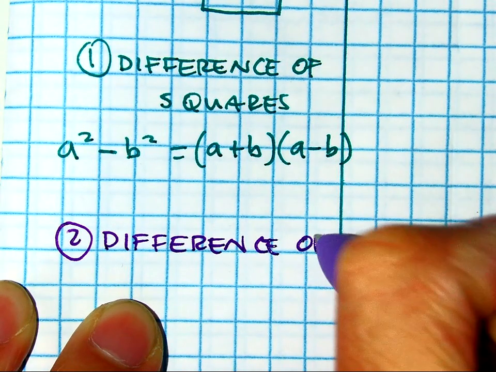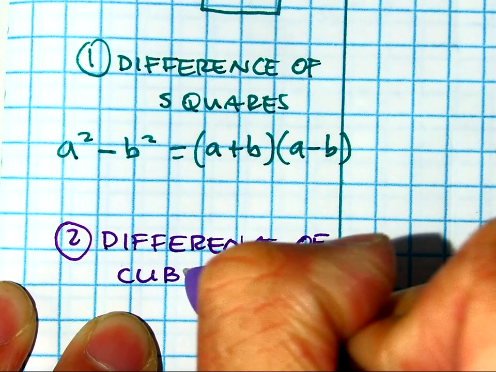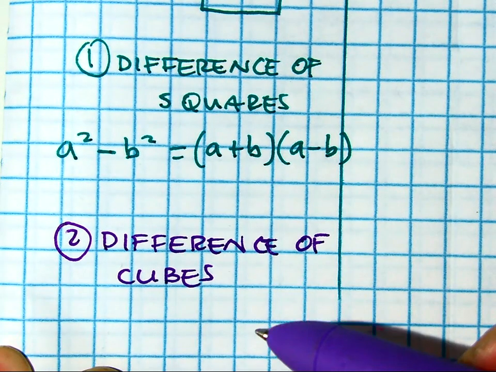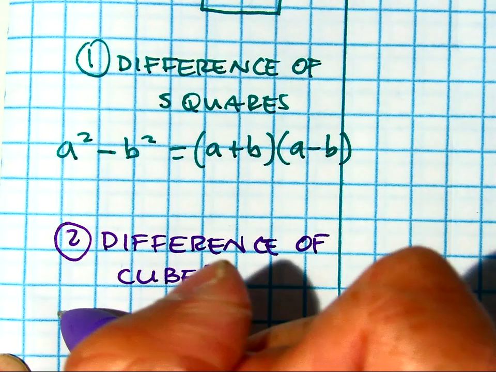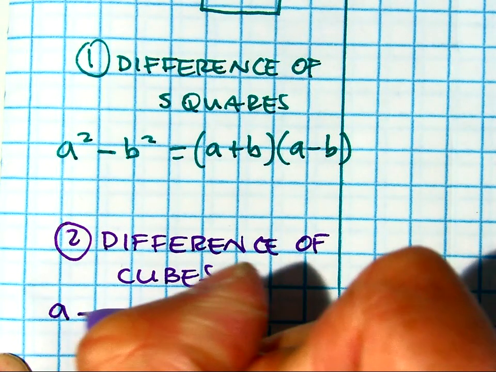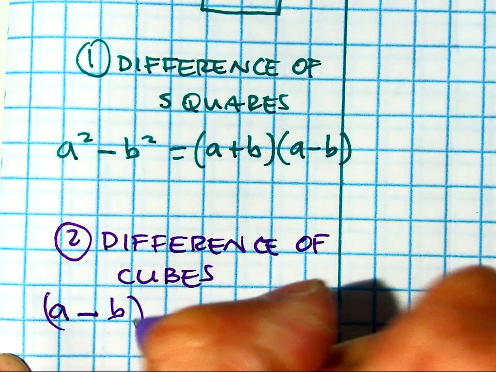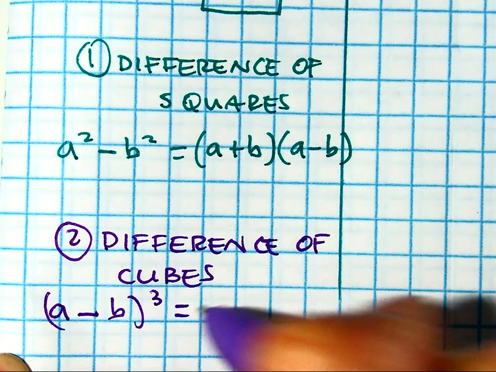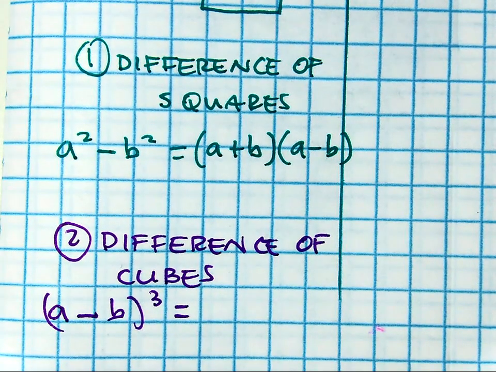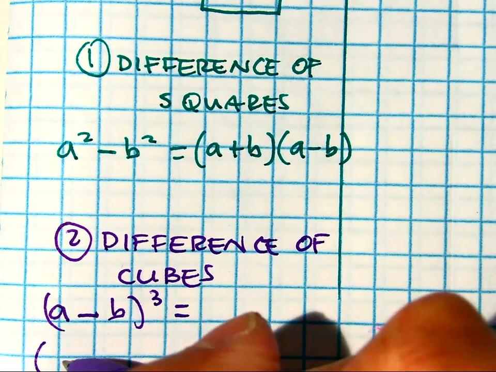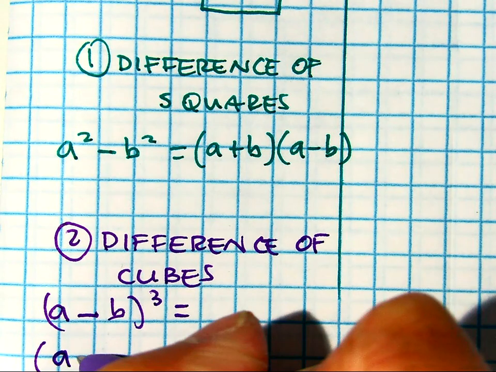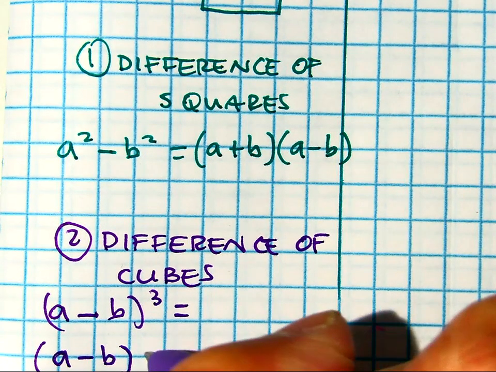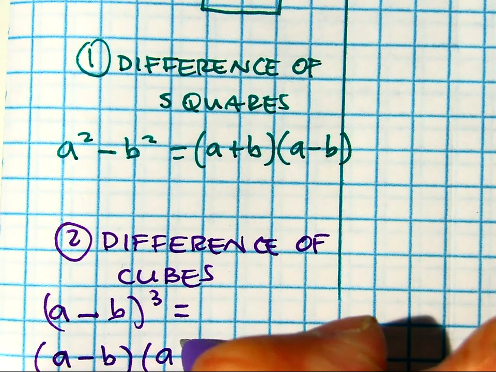The difference of cubes has a formula, a cubed minus b cubed equals a minus b, a squared plus ab plus b squared.